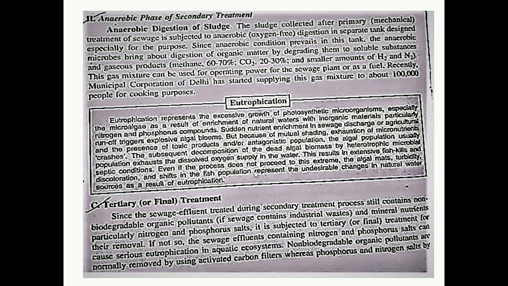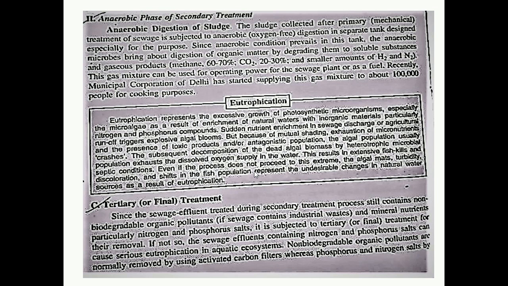Next we are discussing the final treatment, which is the tertiary treatment. Since the sewage effluent from the secondary treatment process still contains non-degradable organic pollutants and mineral nutrients, particularly nitrogen and phosphorus salts, it is subjected to tertiary treatment for their removal.